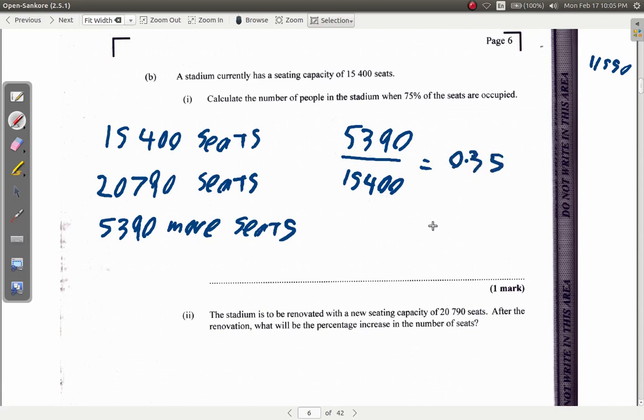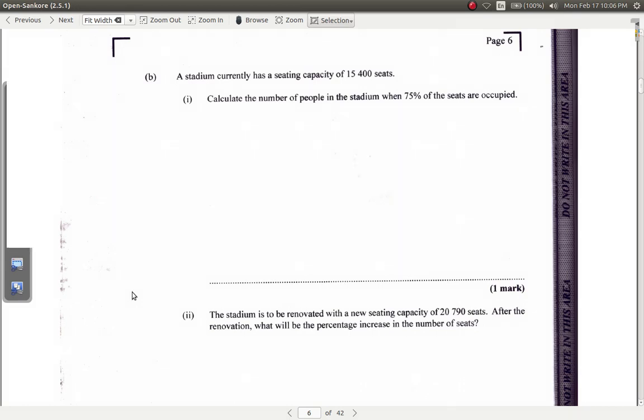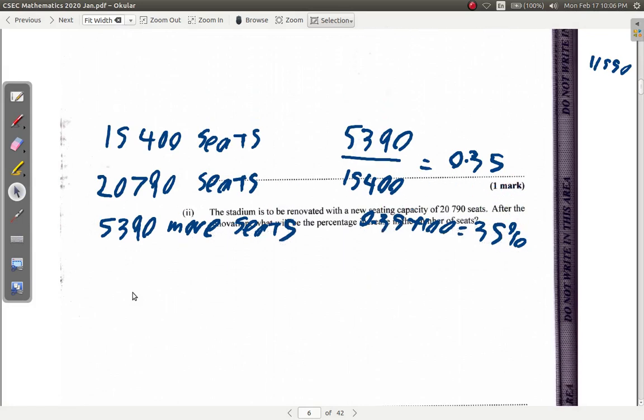That is a decimal fraction. We want it in percentage. So it's 0.35 multiplied by 100, which gives you 35% increase.